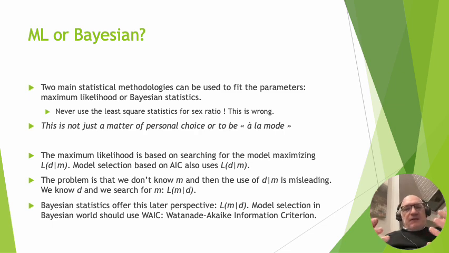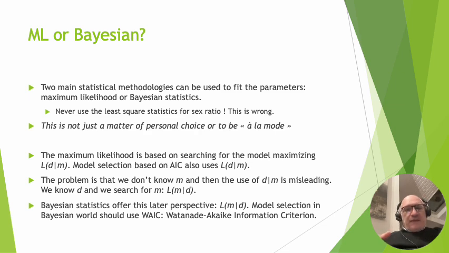The maximum likelihood is based on searching for the model maximizing the likelihood of data knowing the model. The model selection based on IC also uses the likelihood of data knowing the model. The problem is that we don't know the model, and then the use of data knowing the model is misleading.